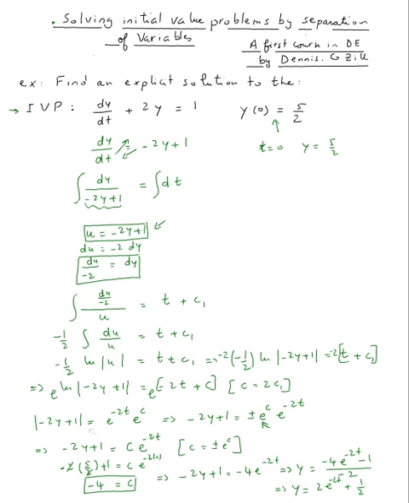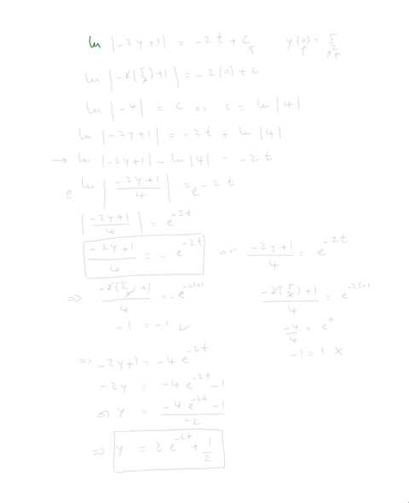Now let's see, what if you want to find the constant earlier? Let me write that one. Let's use this one: ln of absolute value of negative 2y plus 1 is equal to negative 2t plus c.